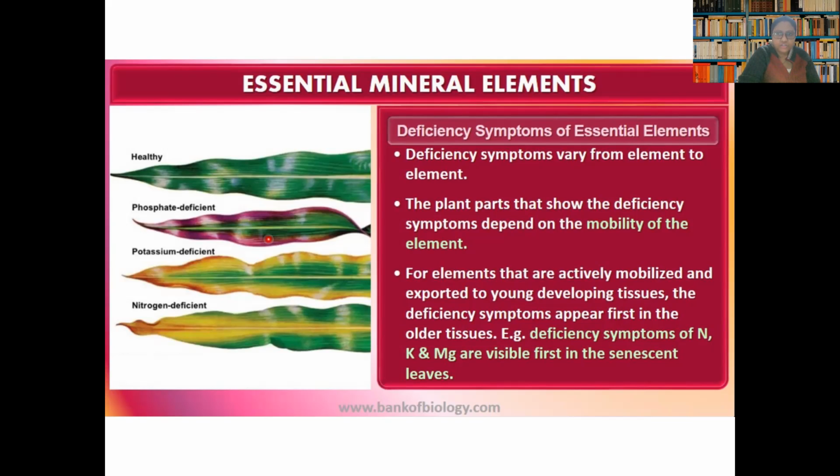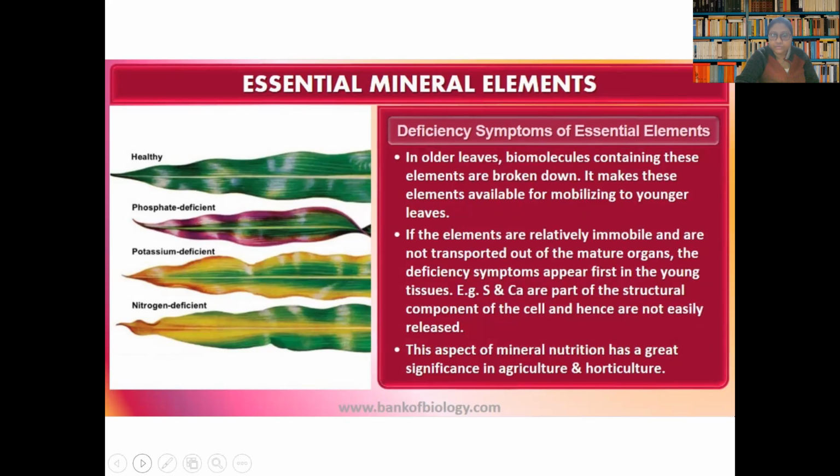So it cannot allow those elements to go with the old part. So that's why for the elements whose mobility is more, their deficiency symptoms will first be visible in older tissues. Okay, so not in new, the older tissues.